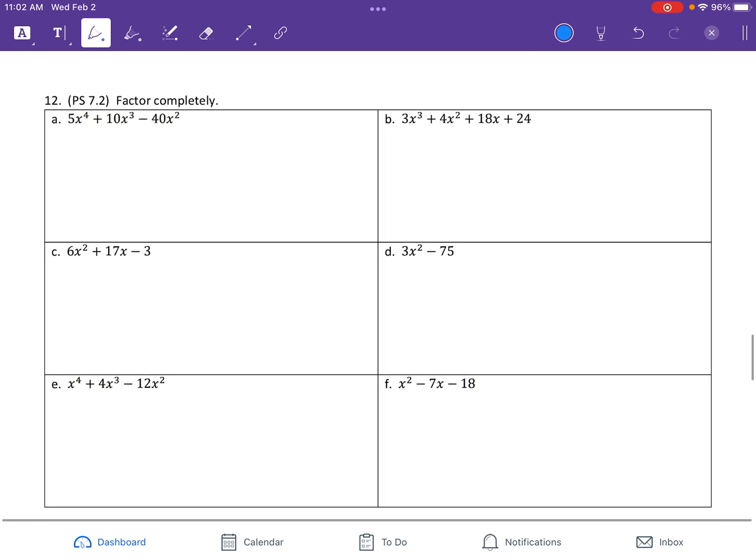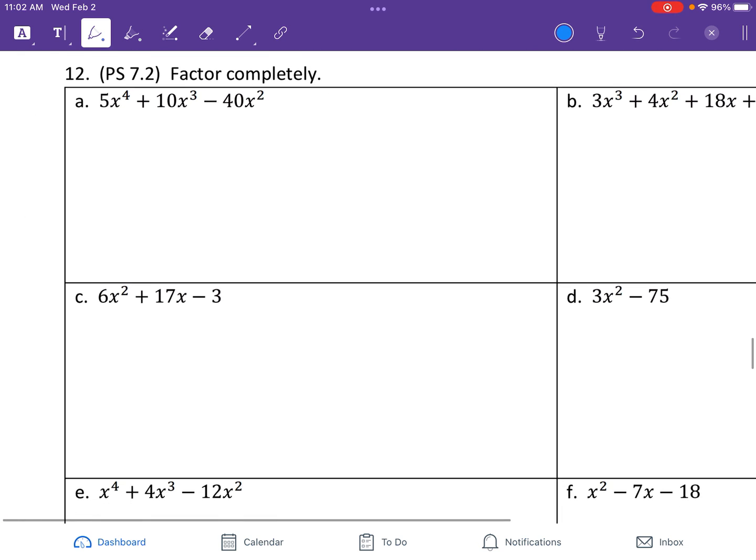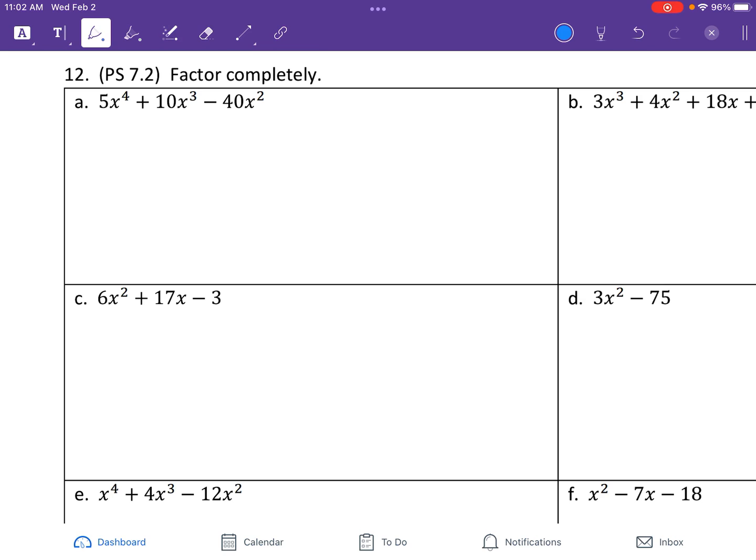Oh, some factoring. Love the factoring. Here we go. All right, first thing you should always look for is a greatest common factor. In this case, every term in here has at least a 5 in it and an x squared. So we're going to take all that out before we do everything else. If we do that, we're going to be left with x squared plus 2x minus 8.